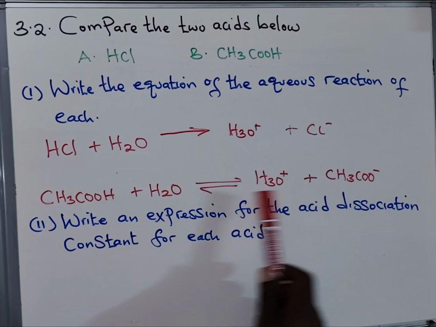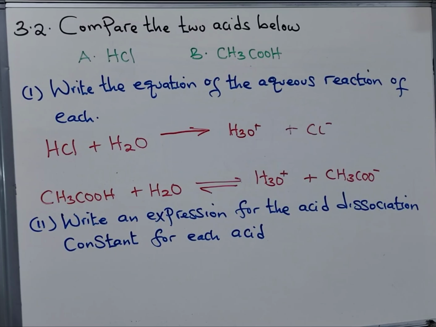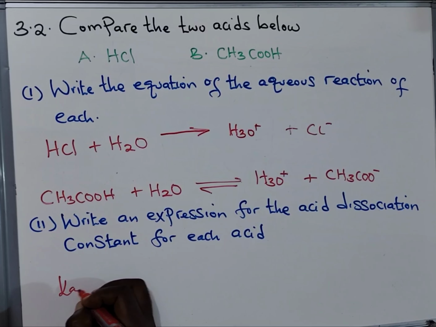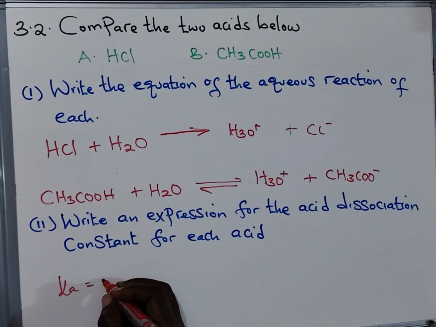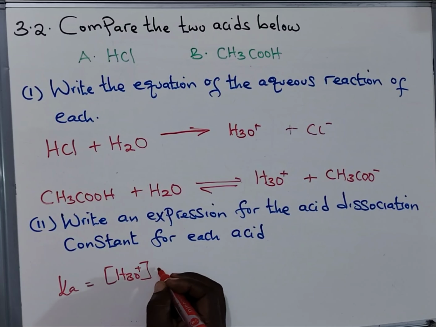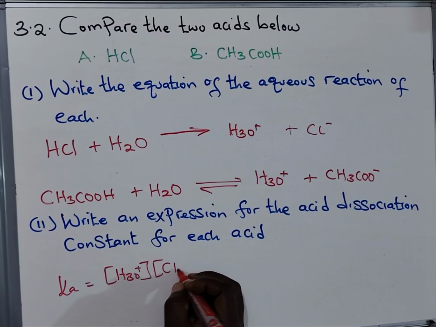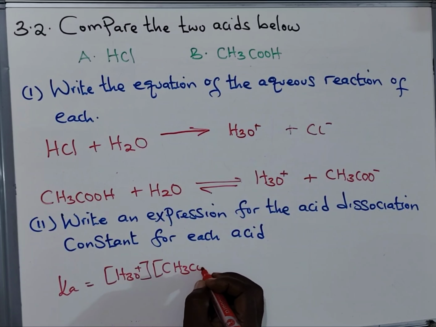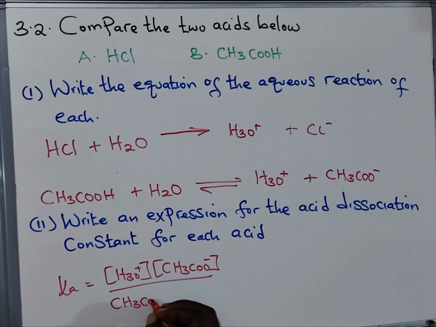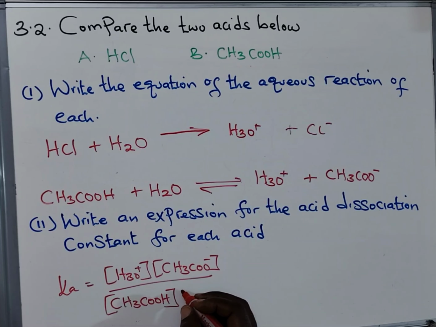Then we come to the second equilibrium. It is an acid, so it's going to be Ka. And what do we have? It's going to be concentration of hydronium ion times concentration of ethanoate ion over concentration of ethanoic acid times concentration of water.